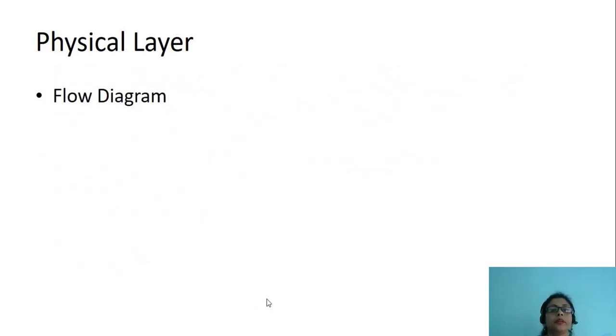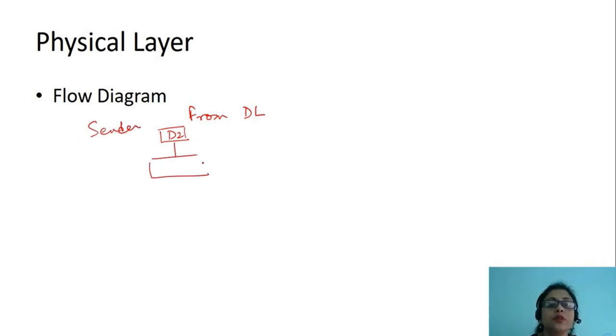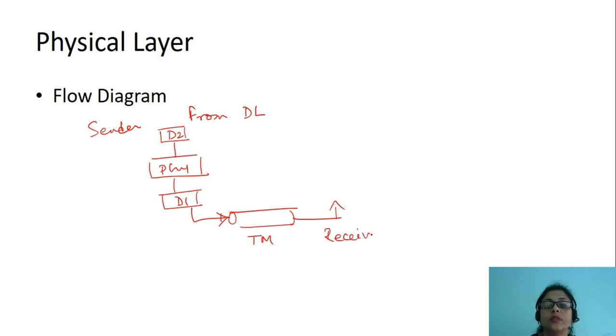So let us understand the flow diagram of the physical layer. Physical layer is layer 1. So it will be receiving data from its upper layer, that is the data link layer. So it will be receiving D2 data from the data link layer if it is the sender. It comes to the physical layer and forms the D1 data. This D1 data then gets transmitted through the transmission medium, and at the receiving computer, this data is received.